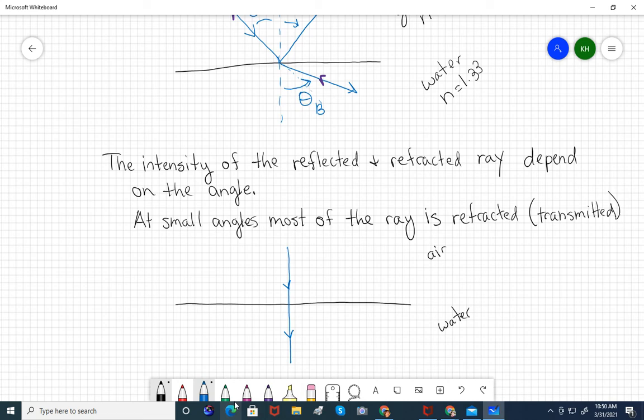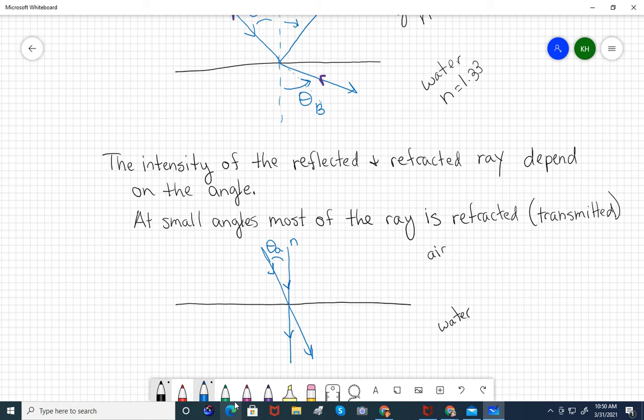But even if it's coming in at a small angle, let this be the normal. If our incident angle, theta A, is really small, most of it's going to get refracted. Keep right on going. It's going to bend just a little towards the normal.